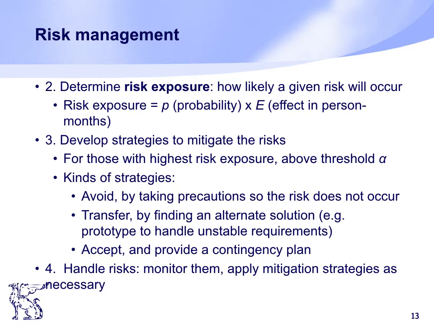So I have mentioned here 3 mitigation strategies: avoid, transfer, and accept. You can add 2 more, that is control and continue monitoring. And then the fourth step is you have to handle the risk. That means you have to monitor, and according to the risk you will apply the mitigation strategies. So this is how we can do risk management.